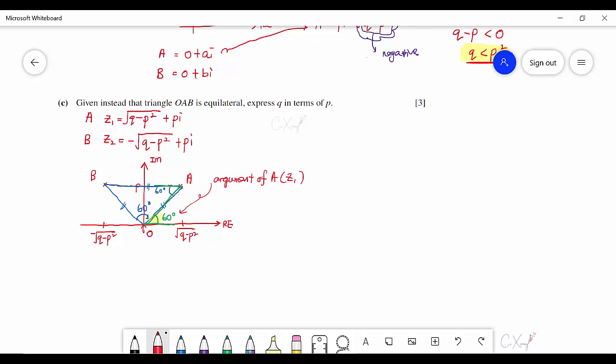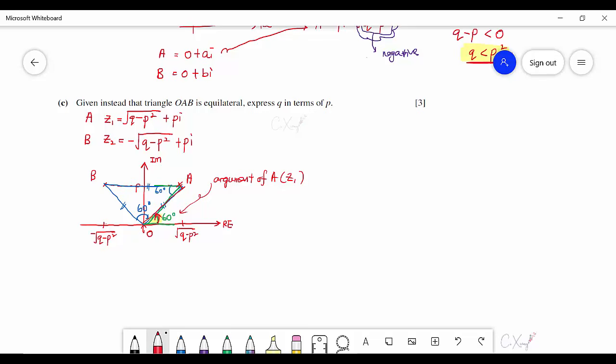Because you can see that this is point A. To measure the argument, you measure it from the right hand side of the x-axis, then measure up. So very obvious, this is the argument of A, or the argument of Z1. What is the formula for the argument of Z1 in the first quadrant?